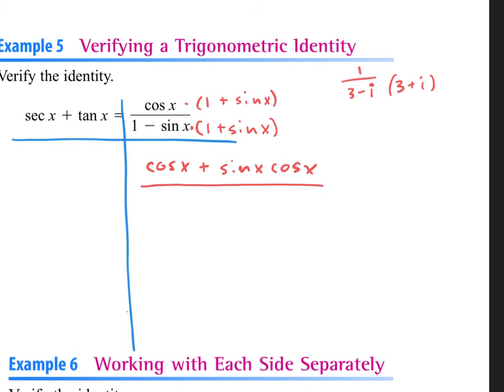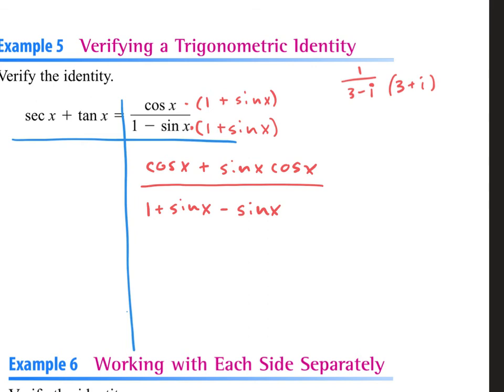How do we multiply that 1 minus sine x times 1 plus sine x? FOIL. So we multiply the first ones, the outsides, the insides, and the last.